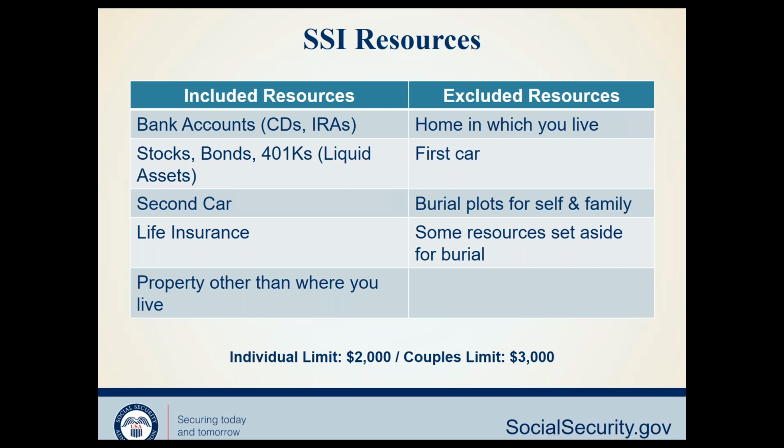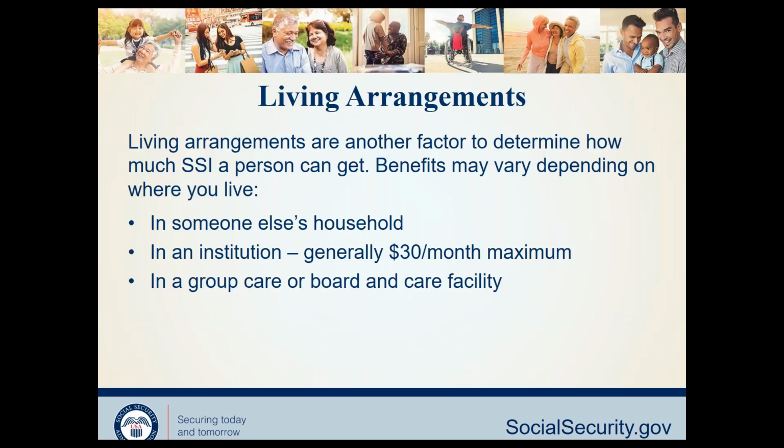The living arrangements can also affect the amount of money that SSI can pay out, because we're also looking at who's living in a household and if the individual is paying what we call their fair share. So it's really important that when a person is on SSI, they report any changes to the local Social Security office to make certain that we're properly paying that individual their benefits.